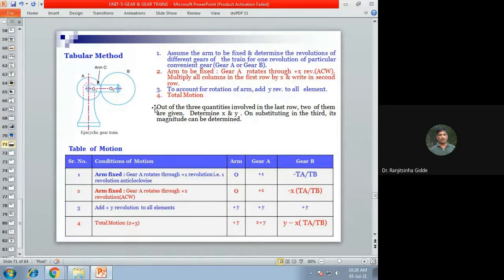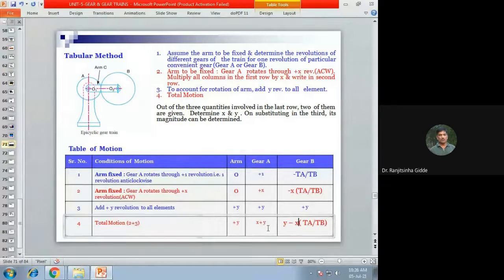So out of three quantities involved in the last row, 1, 2 and 3, two of them are given. Suppose y is given, that means arm rotations are given and gear rotations are given in the statement.